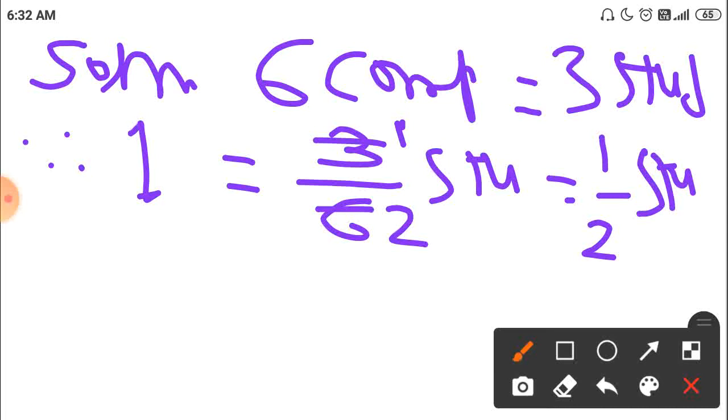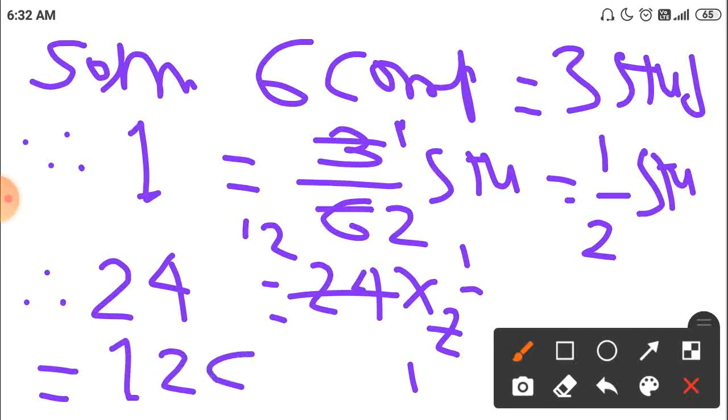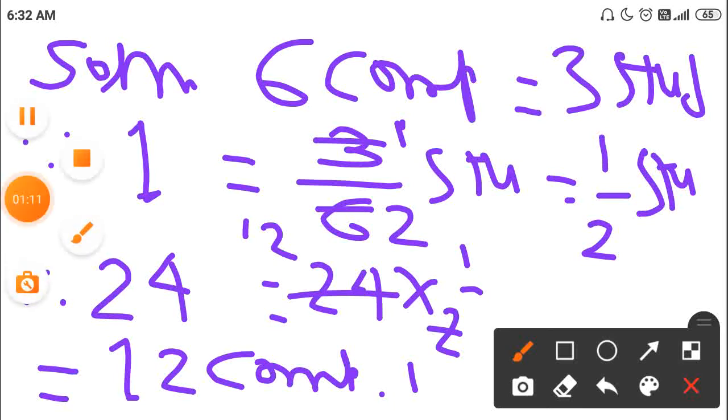Now, for 24 students, it is equal to 24 multiplied by 1 by 2. 2 ones are 2, 2 twos are 4. So it is equal to 12 computers. For 24 students, 12 computers are needed in the computer lab.